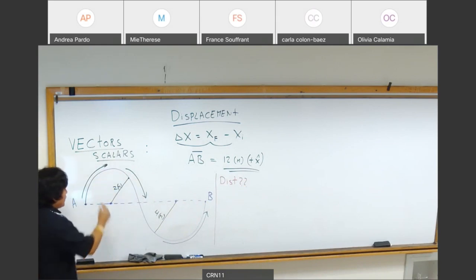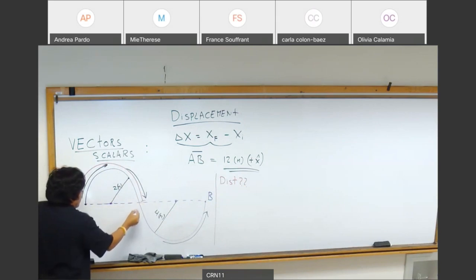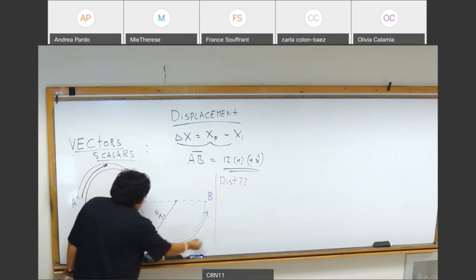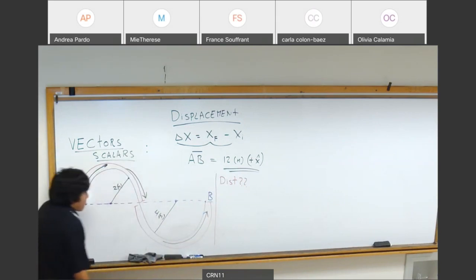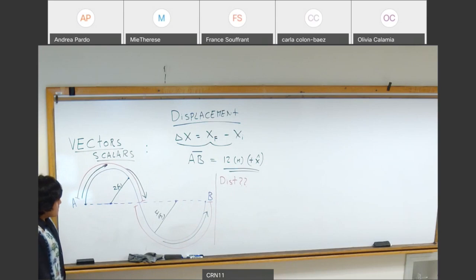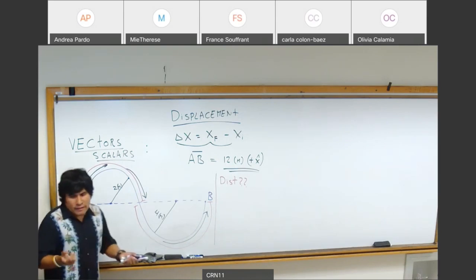By that, we will need the length of this semicircle and the length of this semicircle. So let's find the length of that semicircle by using this equation, if you ever need it.